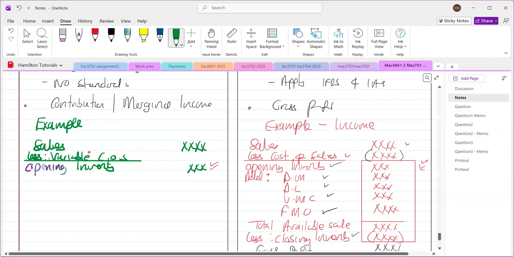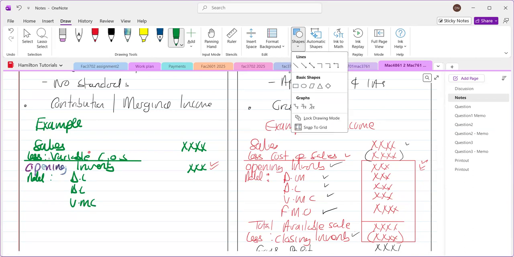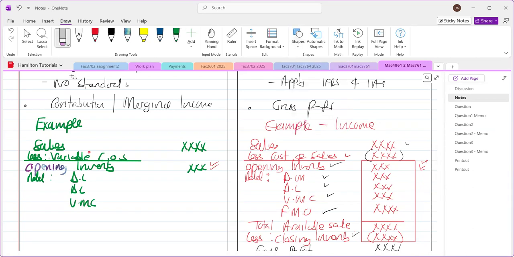Once we have that, then we add our direct material, our direct labor, our variable manufacturing costs. But here we end with the variable manufacturing costs before we calculate our closing inventory. So we don't include the fixed manufacturing cost up to this point.